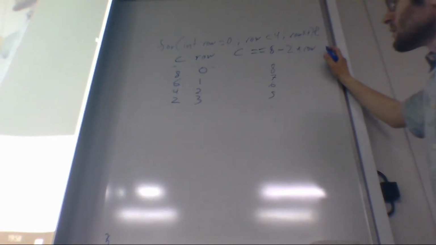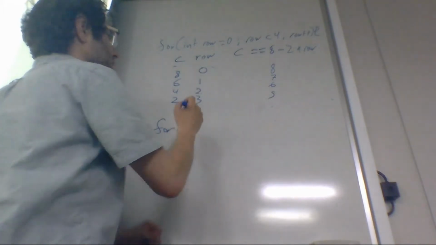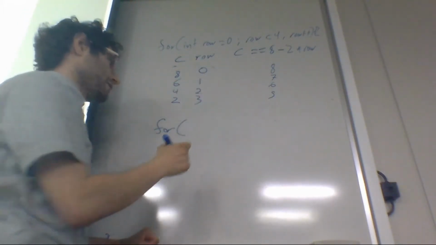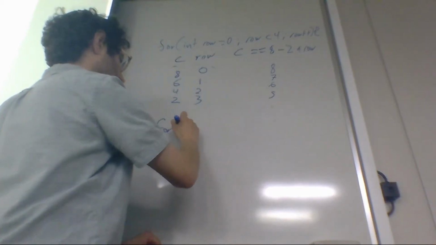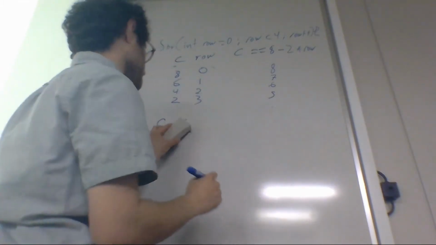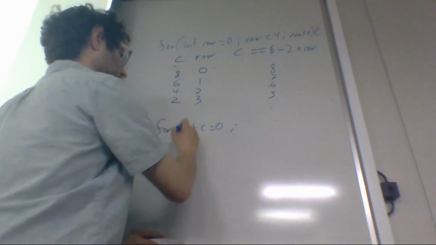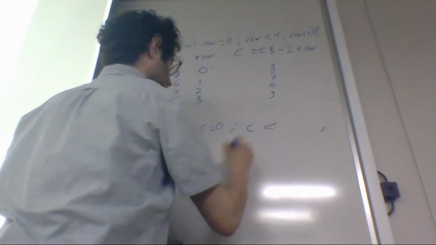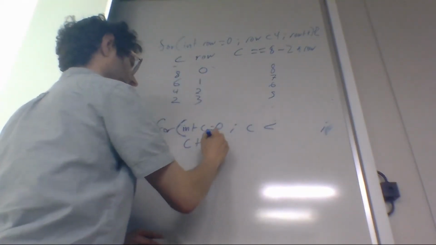The way I did this was I printed it out 2 semicolons at a time, and then I skipped that. You can totally do that. But what makes it nice is that the only thing that ever changes is what you call your variable over here, which is int c equals 0, and then c is less than, and then c plus plus.